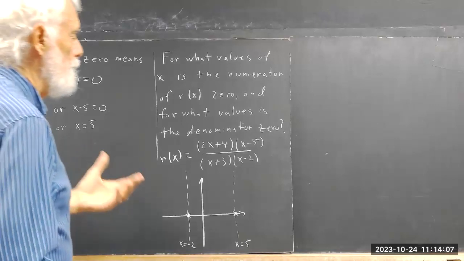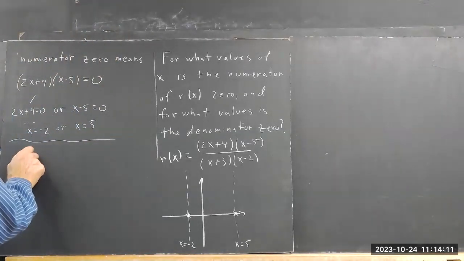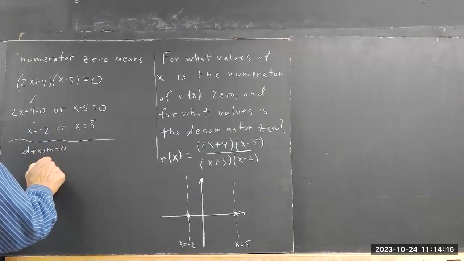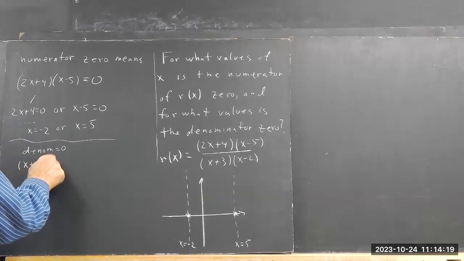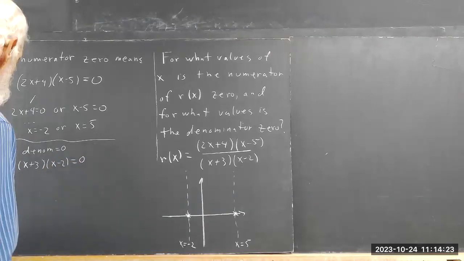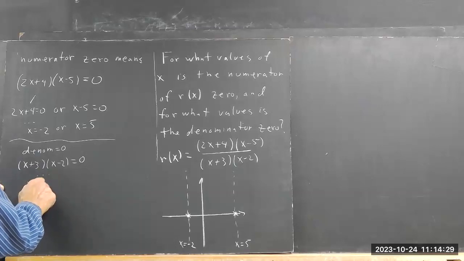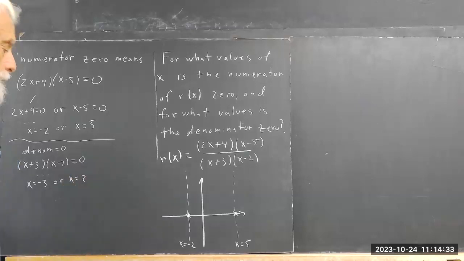Now, what happens if the denominator is 0? Well, denominator is 0, that means x plus 3 times x minus 2 equals 0. This means, by inspection, x equals -3 or x equals 2. Okay?